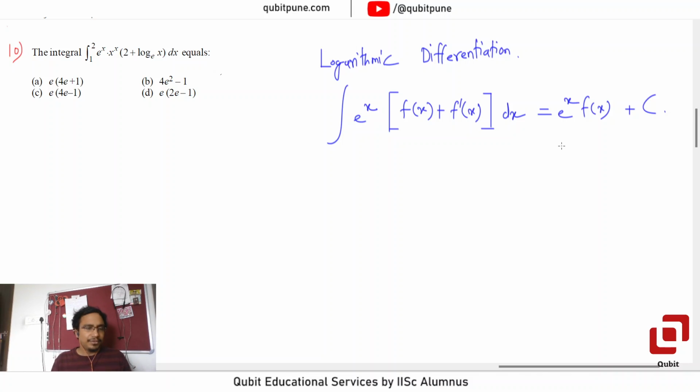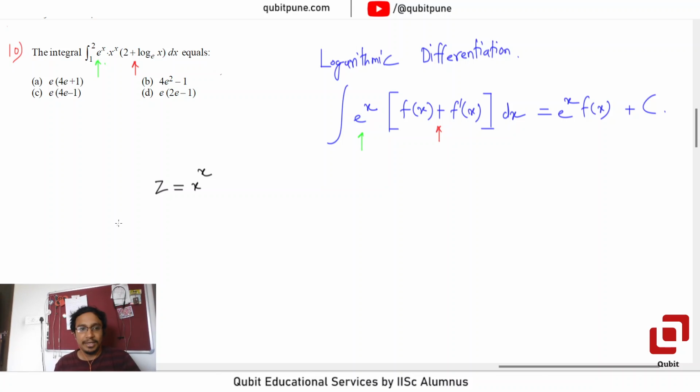So first of all, what we have to recognize is that e raised to x is lying here, so it could be compared with this. Luckily, we've also got a function inside which contains two terms, so possibly we may be able to write it in this form. And there is no chance that you are going to integrate it by parts or by substitution.